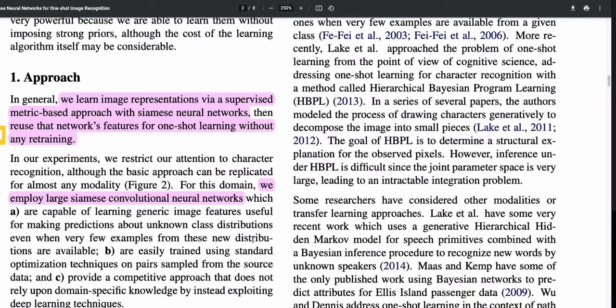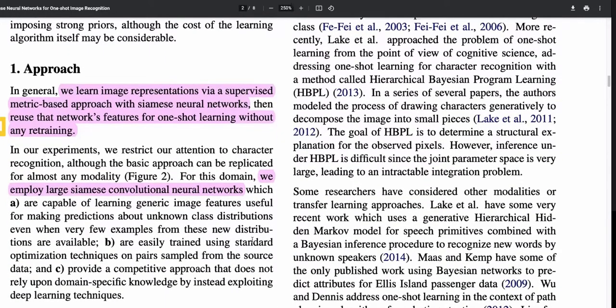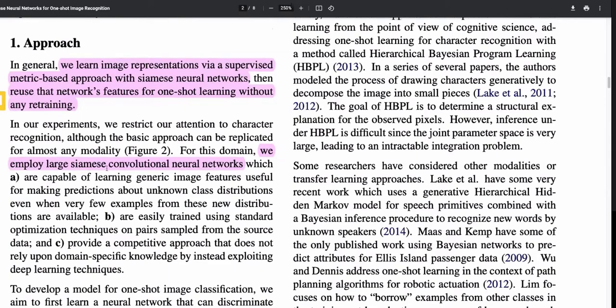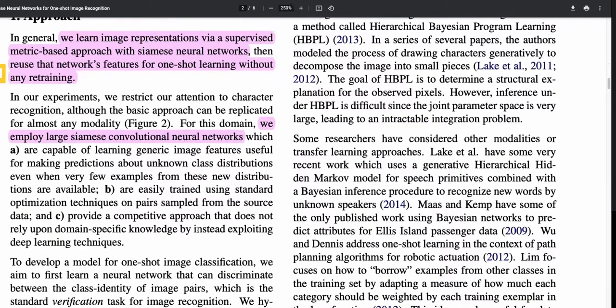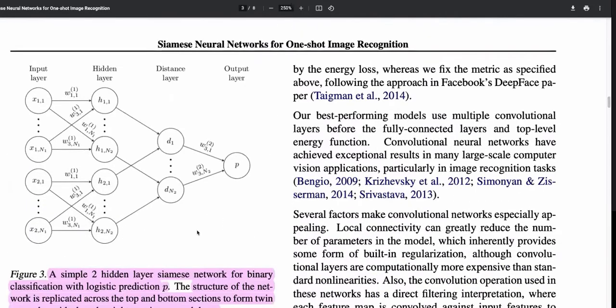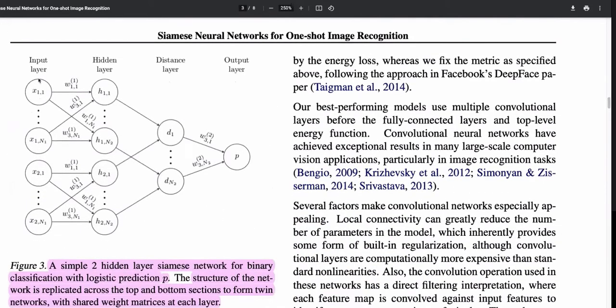So what's the Siamese neural network? Here, it's a mix of the convolutional neural network, meaning that the intermediate layers of the network are convolutional. So the way the architecture works is this. You have your input layer, your hidden layer, and your output layer, which is standard for neural networks.